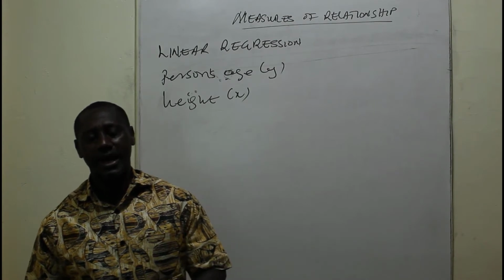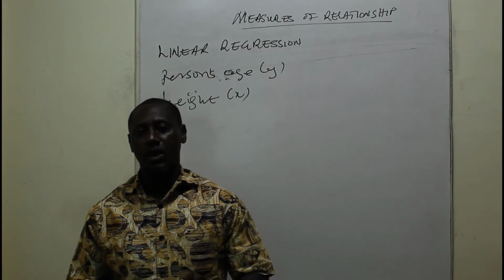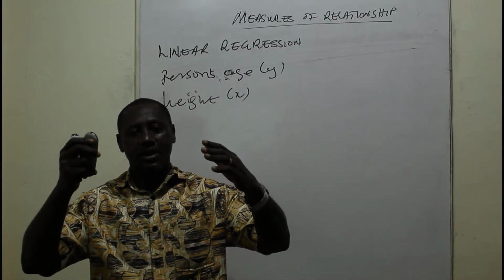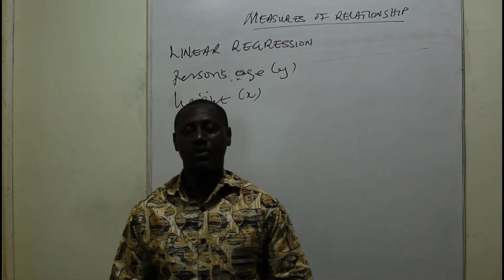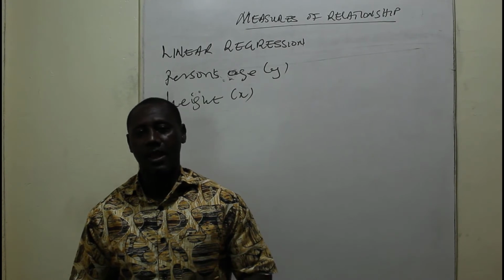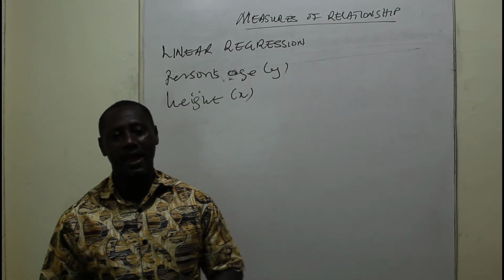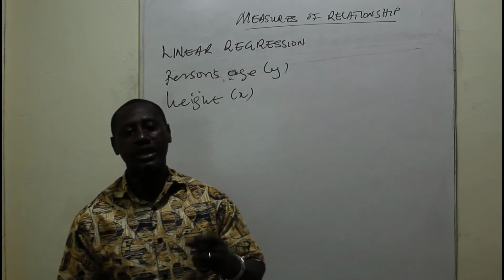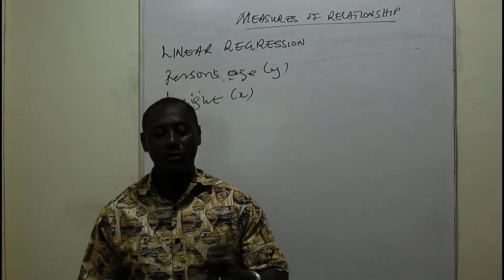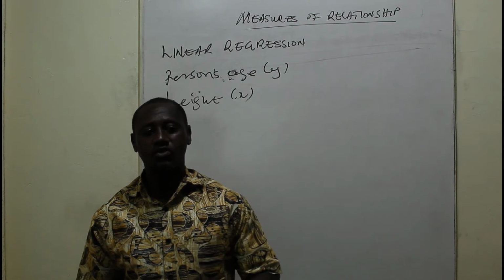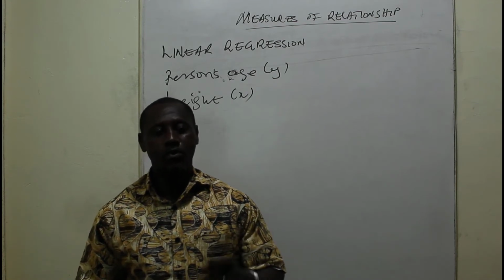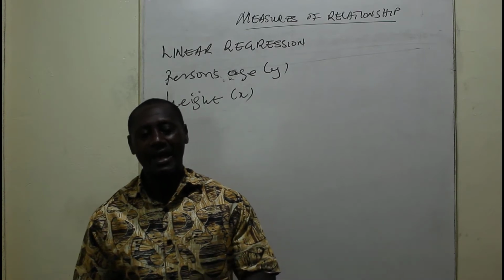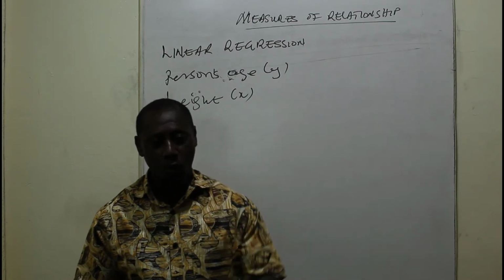And you will see that in regression, we are going to have a positive relationship, and we are also going to have a negative relationship. Now, the truth of the matter is that under normal circumstances, if the guy is going to give more money, buy more clothes, take the lady to a boutique, do a lot of things for the lady, then the normal expectation is that the lady is also going to love the guy more.